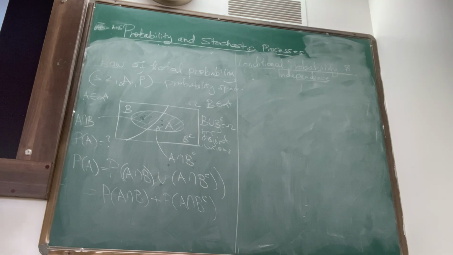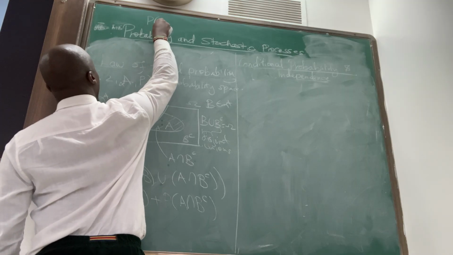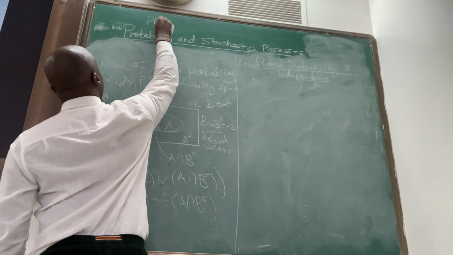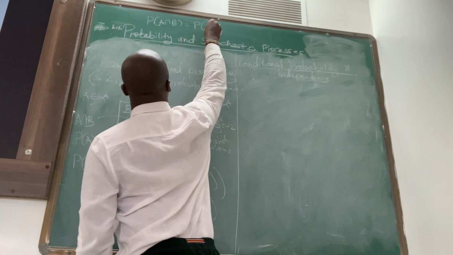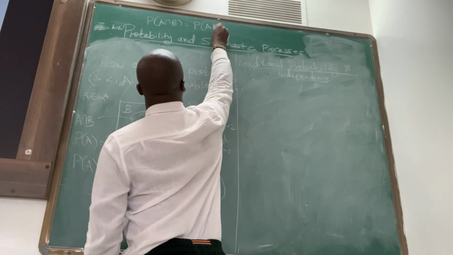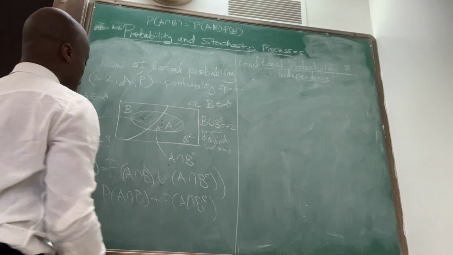A intersection B complement. Now from Bayes' theorem, remember we say that probability of A intersection B is just equal to probability of A given B times probability of B. So we can apply that here.